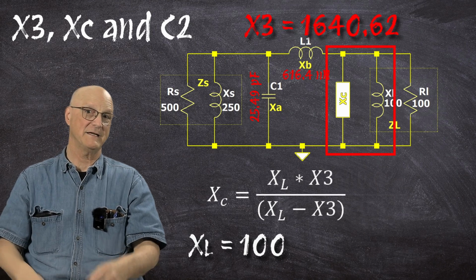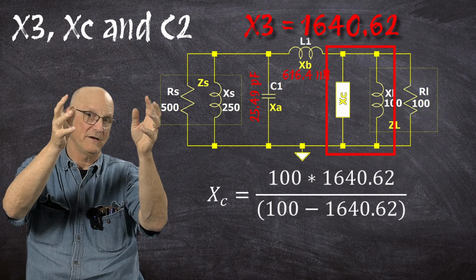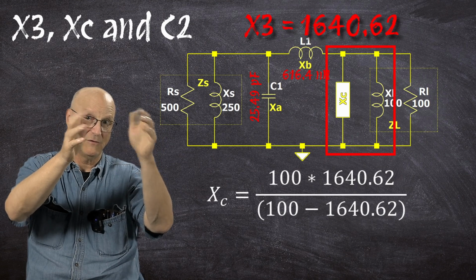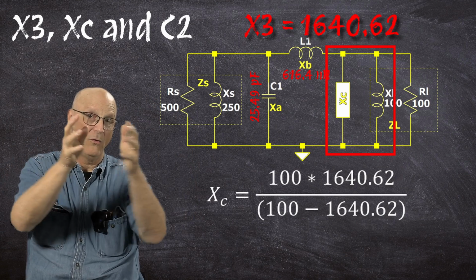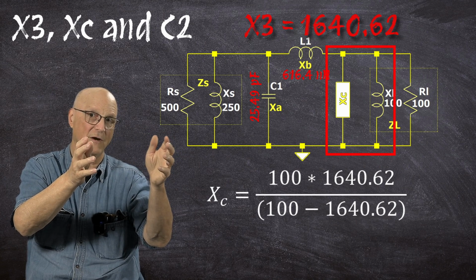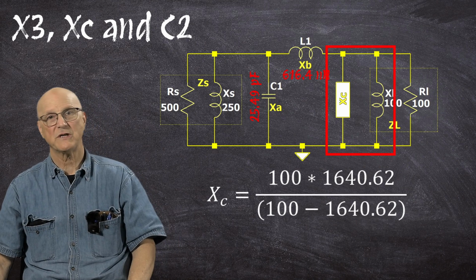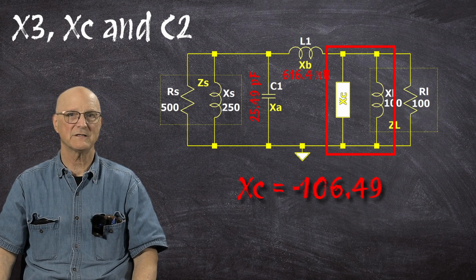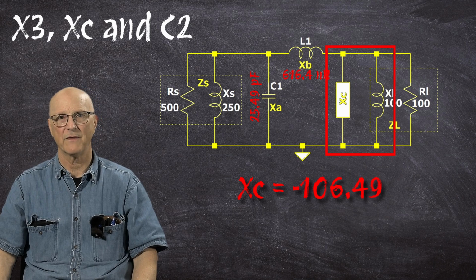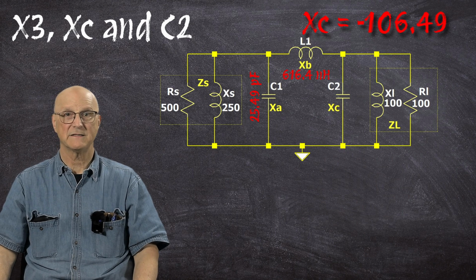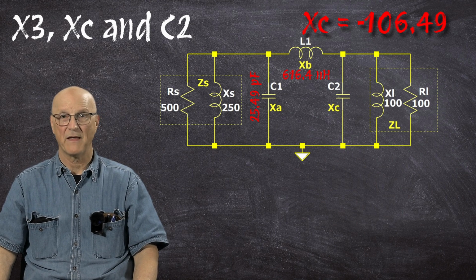So XC is equal to 100 times 1,640.62 divided by 100 minus 1,640.62, which gives us that XC is equal to minus 106.49. And we know it's a capacitor because the reactance is negative.